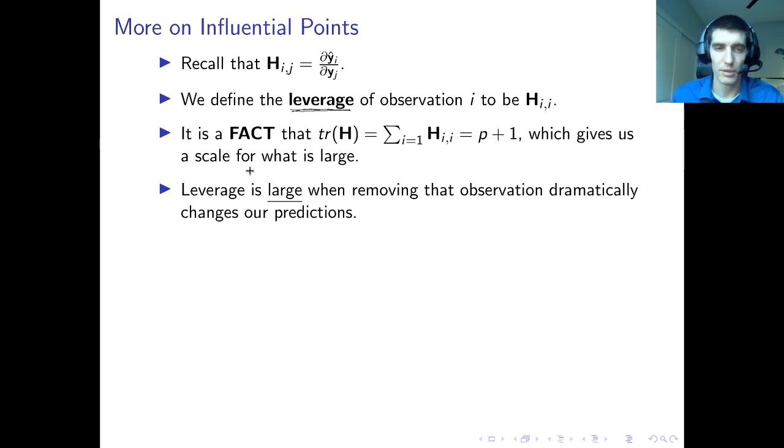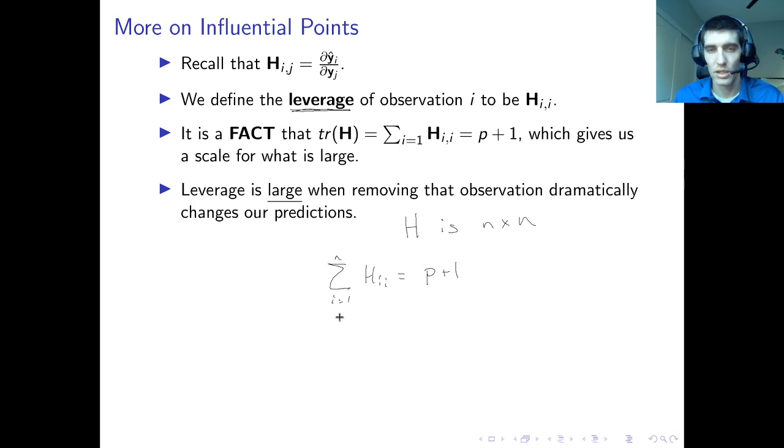Okay, so for example, let's break this down a little bit. The hat matrix is n by n in general. I want to break down this fact a little bit more, this idea of a scale for what is large, because it's an interesting idea. So the fact here is that the sum of the diagonal terms of the hat matrix is p plus 1.